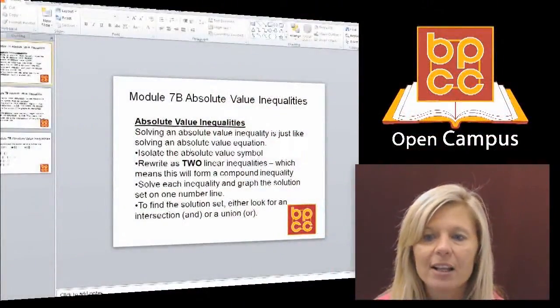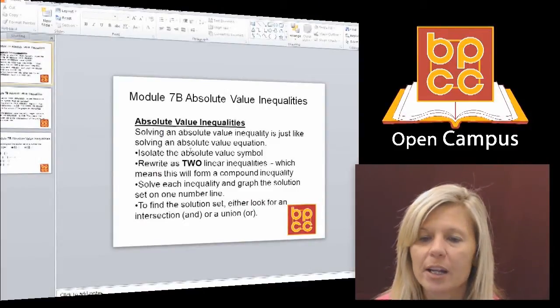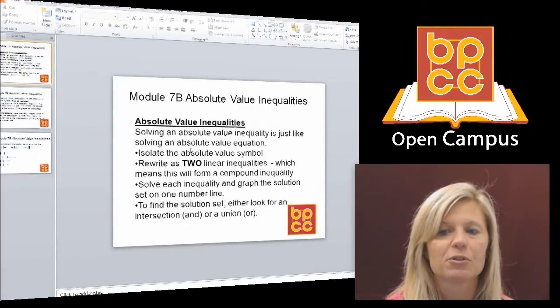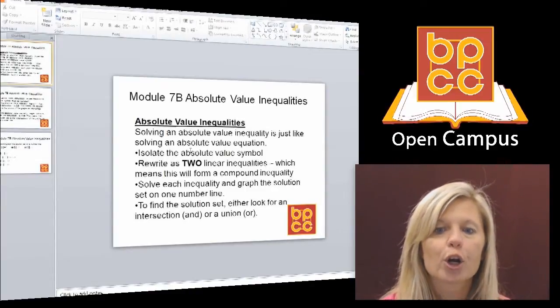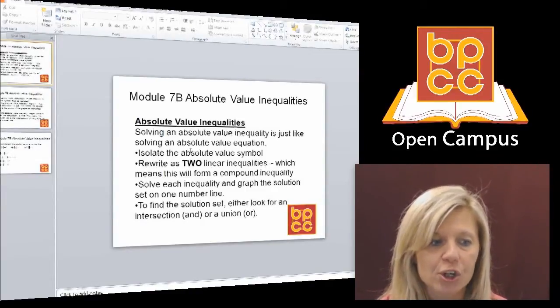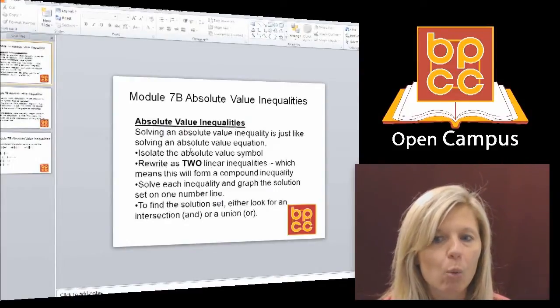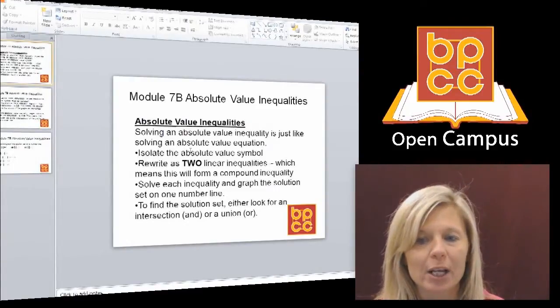Okay, if I look here, solving an absolute value inequality is just like solving an absolute value equation. You're going to isolate that absolute value symbol. You're going to rewrite it into not one, but two. But today we're going to be writing not one inequality, we're going to be writing two inequalities.